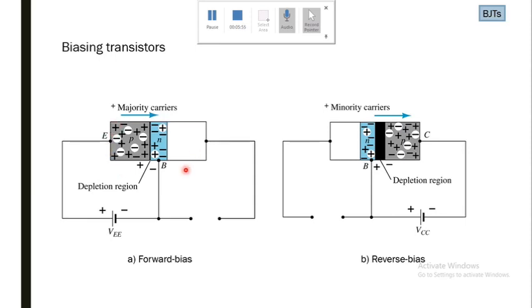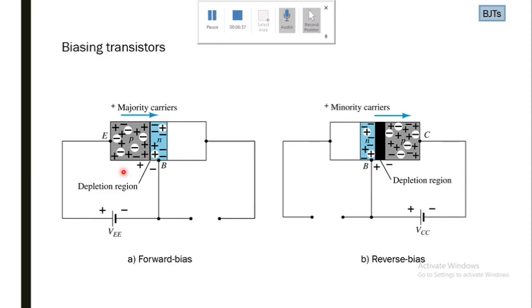Now in this case we have a PNP transistor, and if we consider only the emitter-base junction, we have to apply some external voltage to make it forward biased. To do this, we connect the positive terminal of the source VEE to the emitter, which is P-type material, and the negative terminal to the base, which is N-type material.